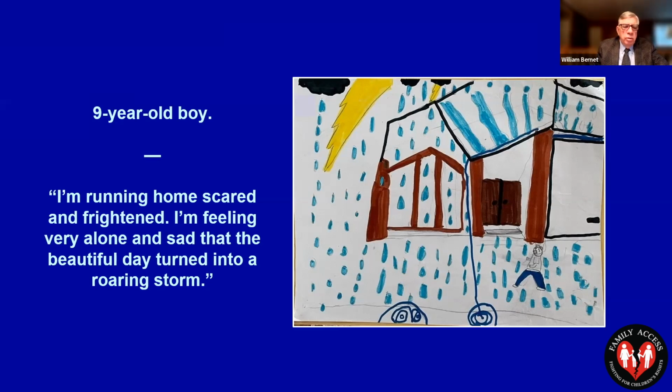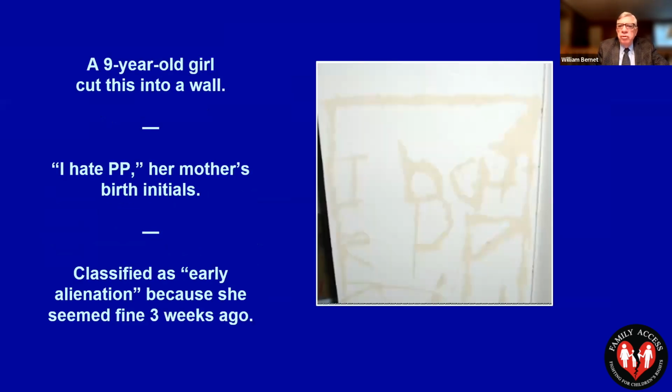So here's another example of mild parental alienation. This is a little bit hard to read, so I'm going to have to explain this to you. So this is a wall. It looks like it's a wallboard or something. And the child has used some sort of instrument to scratch this message.